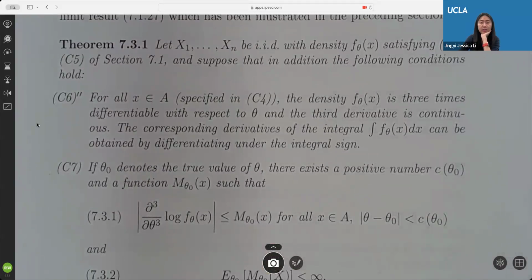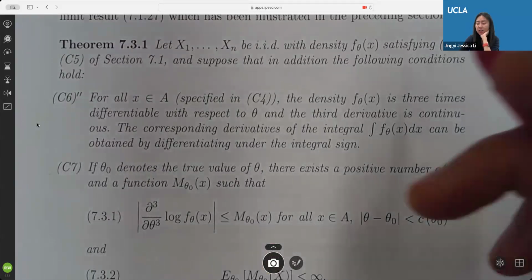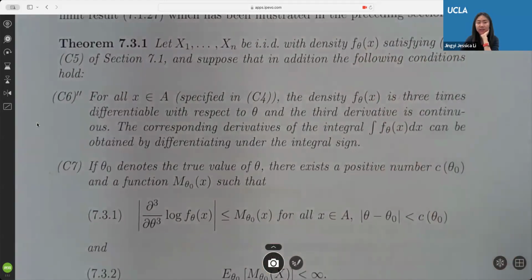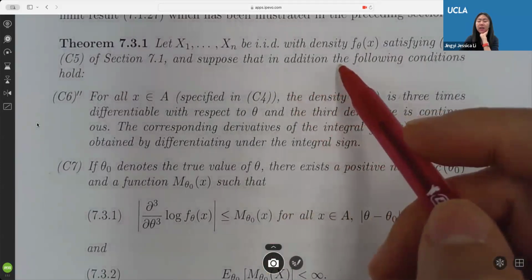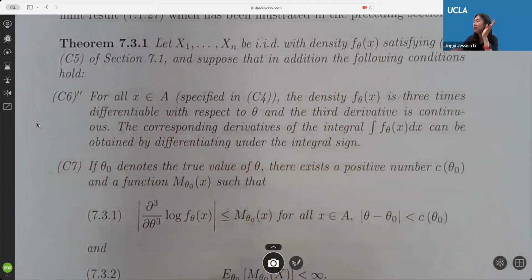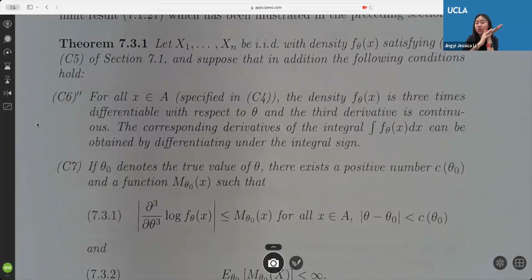Let X1 to Xn be IID with density f(x; theta) satisfying C1 to C5. We've seen that again and again. And suppose that in addition, we need a C2 double prime. So you see, we're basically strengthening this beyond the regularity condition we require for the alternative definition of Fisher information.